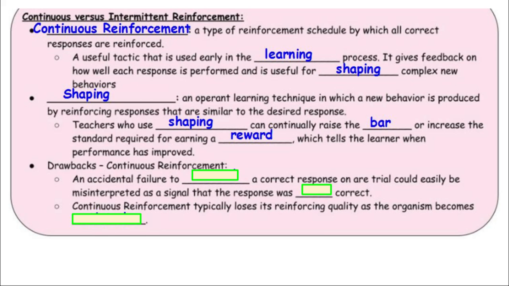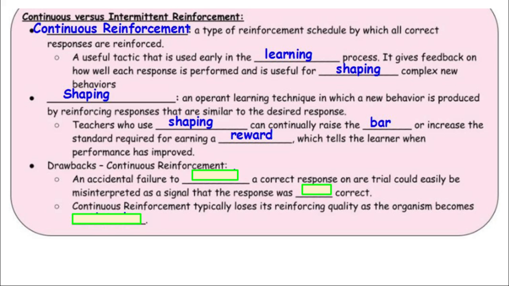So you might have heard of things like L to J, which is something that is used for teaching vocabulary. By rewarding students for learning these new vocab words and then eventually changing how you go back and reward at a later date, that can be involved in the shaping process.